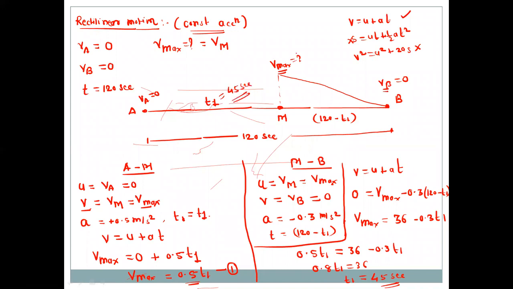Now we have to find the Vmax. Just put the value of t1 in equation 1. So Vmax is equal to 0.5 into 45, which is 22.5.